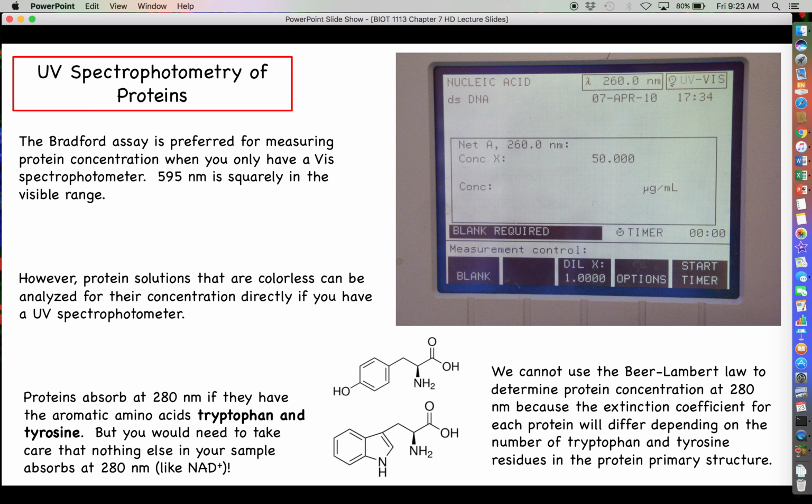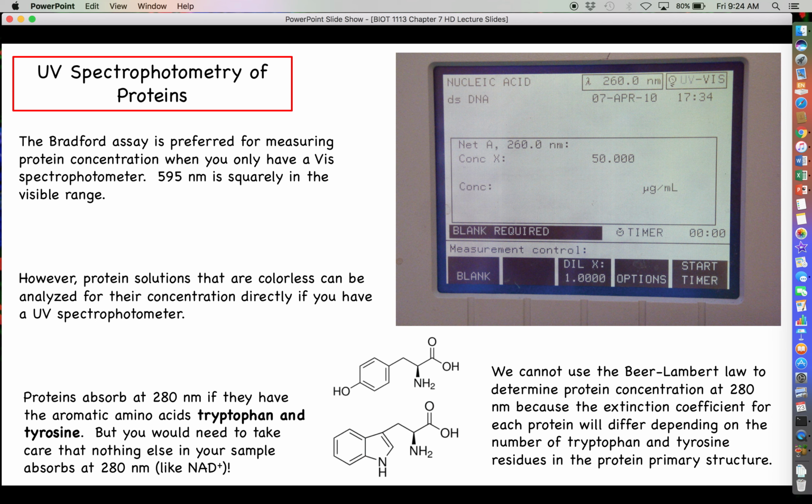So as long as two different proteins have different numbers of tryptophans and tyrosines, those two proteins are going to have different extinction coefficients. So you can't really use the Beer-Lambert law if you don't know exactly what the extinction coefficient is. So yet another reason why it may be preferable to just do the Bradford assay.